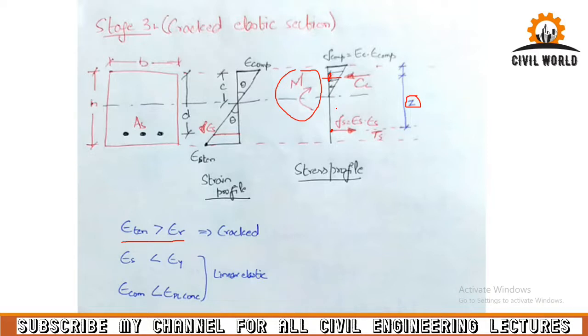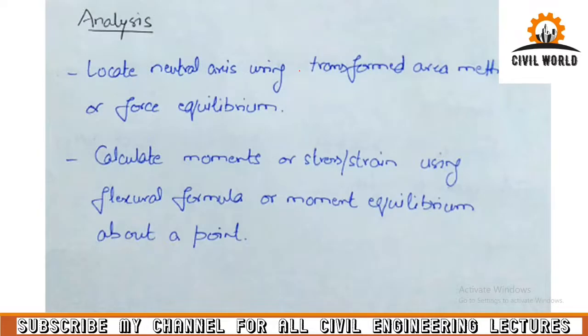They both will be equal. The compression force in concrete multiplied by this moment arm, or the tensile force in steel multiplied by this moment arm, will be the same, and that will be the moment occurring in that section at that particular instant. So we'll be doing it in our solved examples.